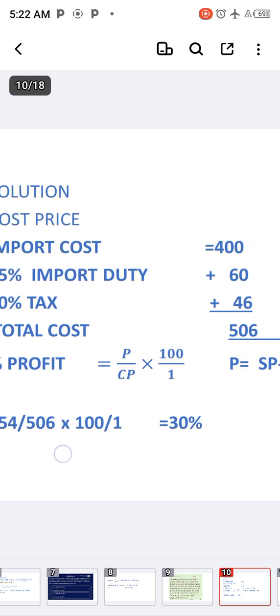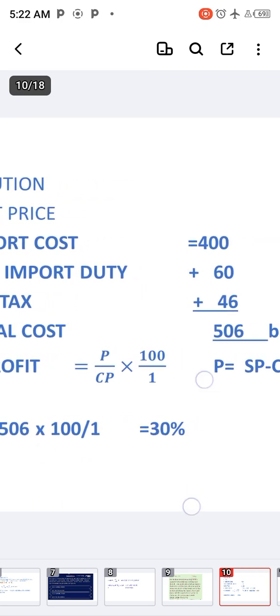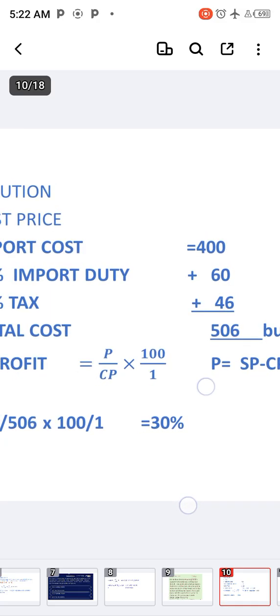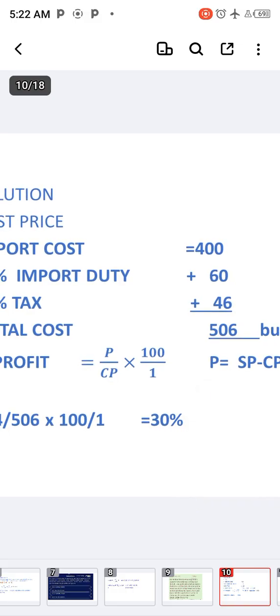And this gives us 30%. So the profit percent is 30%. Let's fire on to another question.